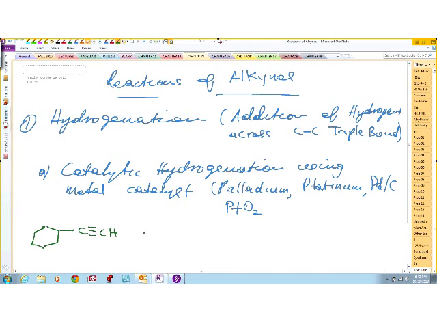If I have this, and I do this, hydrogen, palladium over carbon, what this will do is to completely convert this carbon-carbon triple bond, these sp carbons here, into sp3 carbons.